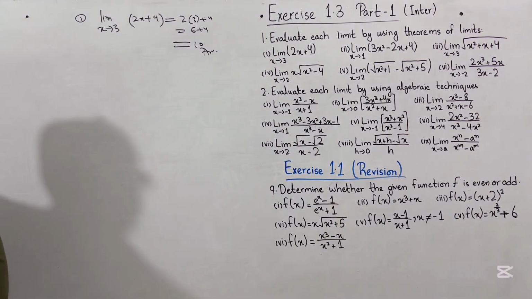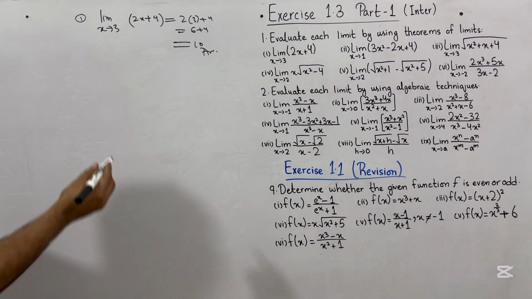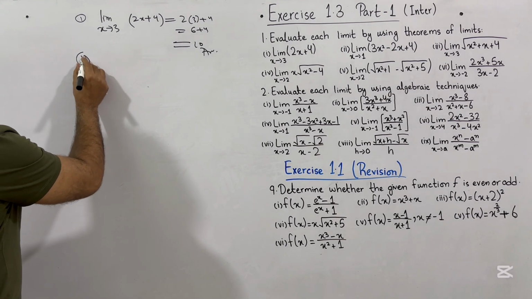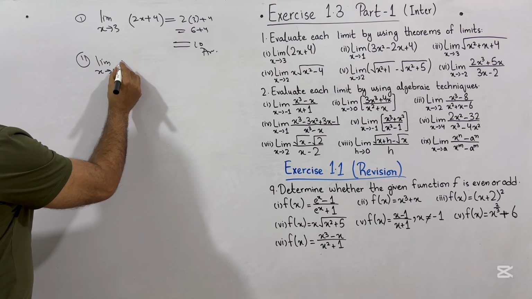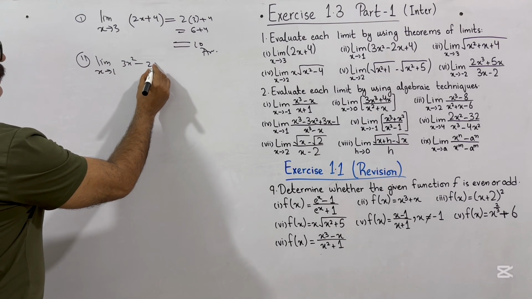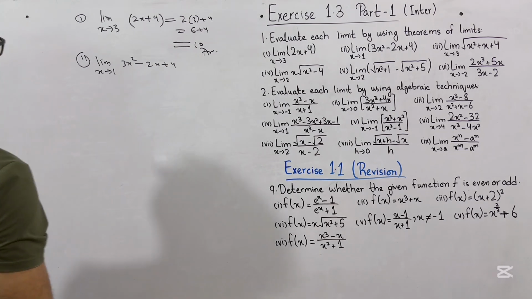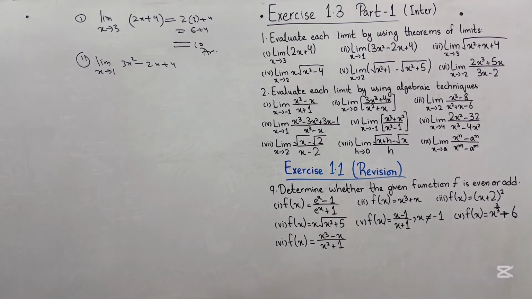Similarly, in the second one, there is no concept of a denominator. Let me evaluate this for you, a simple warm-up exercise in limits. 3x square minus 2x plus 4. What do we have to avoid? We have to avoid 0 in the denominator. There is no denominator. It is a polynomial type function.